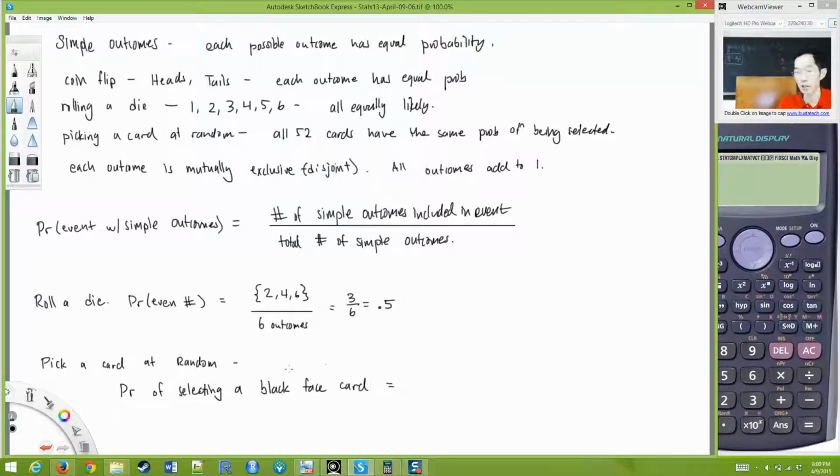So face cards are Jack, Queen, and King. The ace is not a face card. There's no face on that card. It's a high value card, but it would not be correct to call it a face card. And then black would be spades and clubs, or clovers, whatever you want to call it. Okay, so the probability of selecting a black face card would then be 6 out of 52, and whatever that simplifies to.